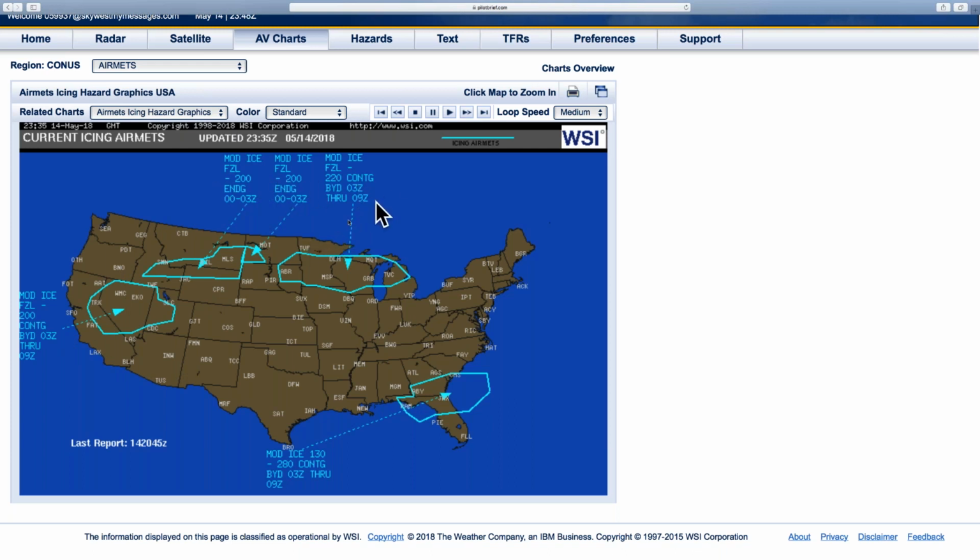But this is not including all the clouds in the sky or anything like that. This is just forecast icing conditions.